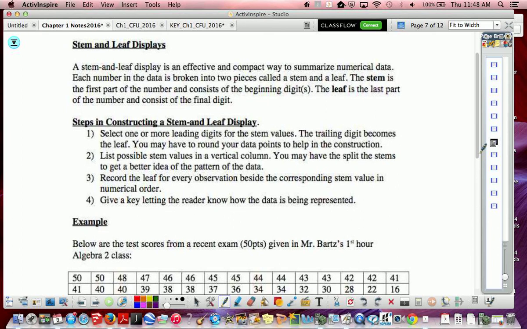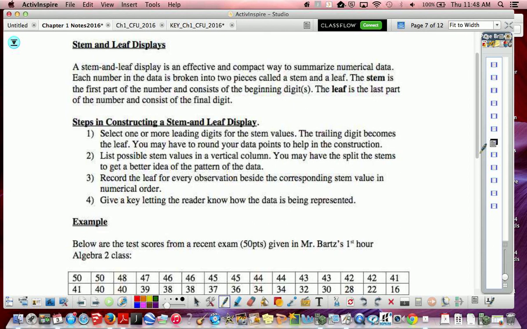A stem and leaf display is a nice way that you can display another set of data. It's kind of like a dot plot, but instead of having an individual dot for each point, it will group data in stems, and each dot will in essence be the leaf. But we don't use dots, we actually write the numbers.